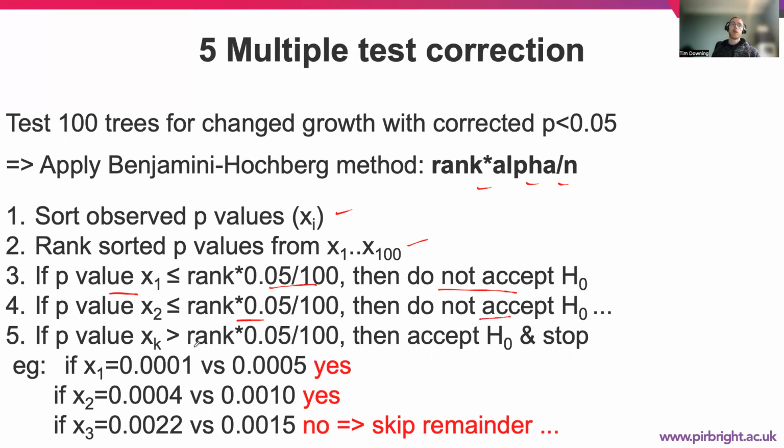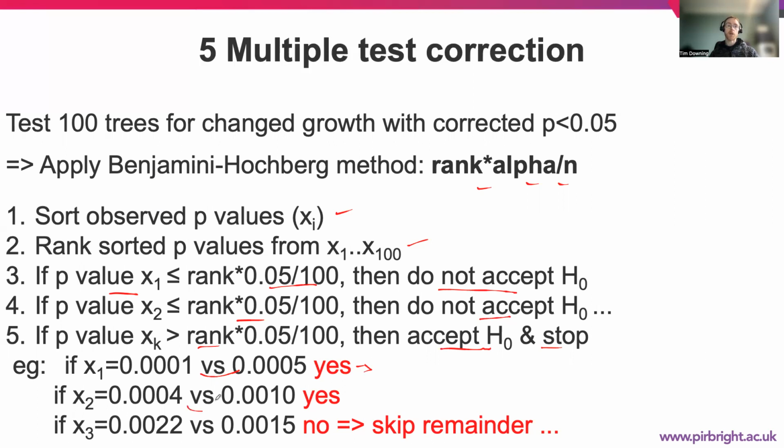However, if at some point k we find that it's bigger than our threshold value, then we accept the null hypothesis for that one and then stop for the remainder. So let's say we have a bunch of values where the first one is 0.0001, that is less than our threshold p-value of 0.0005, we say, yes, I'm going to reject the null hypothesis for that particular sample.